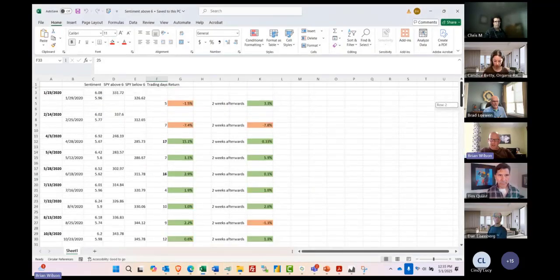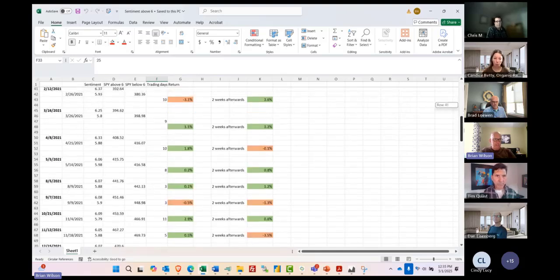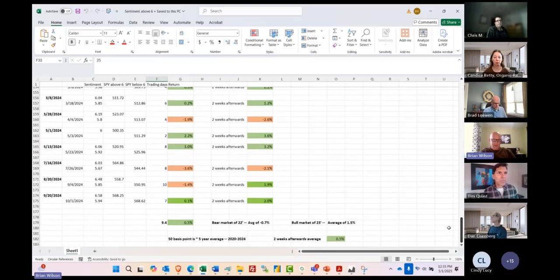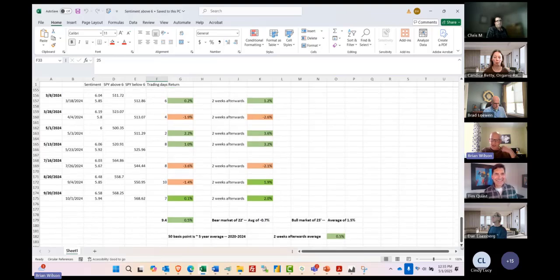And this data goes from 2020 through 2024. Don't worry, I'm not going to share every line here with you, but I just wanted to go through some big picture concepts.